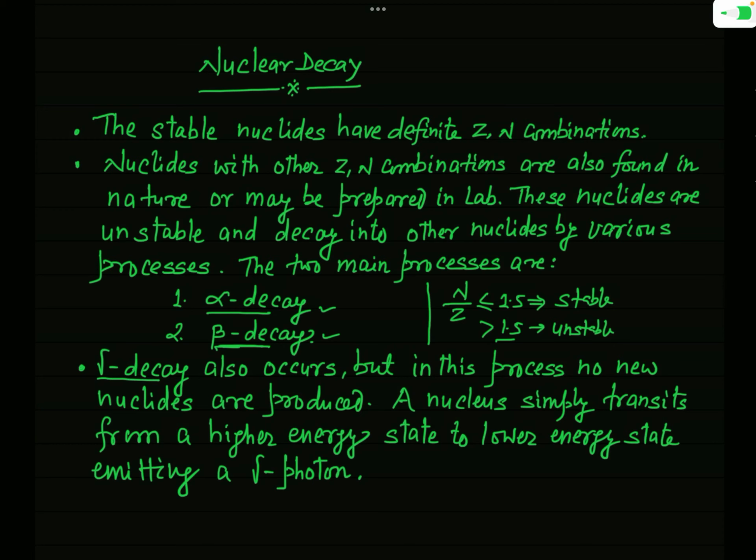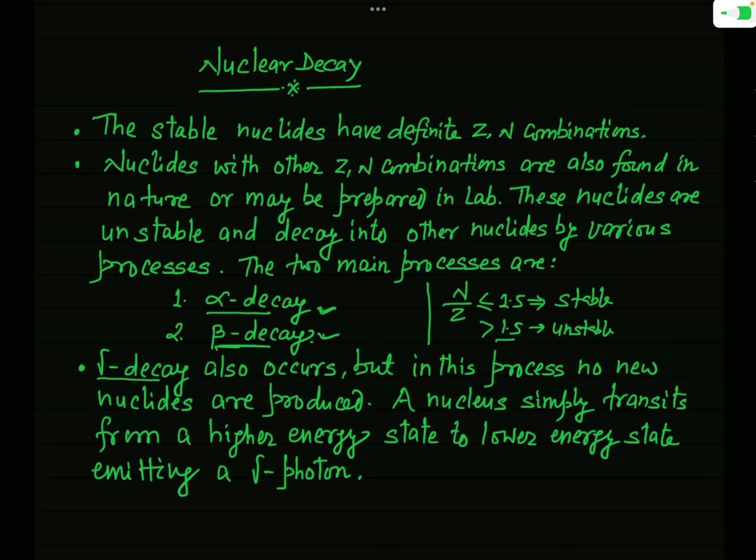In fact, when an unstable nucleus suffers either alpha decay or beta decay, the resulting daughter nucleus is often found in some excited state. That is, the energy of the daughter nucleus is larger than the energy of its ground state.